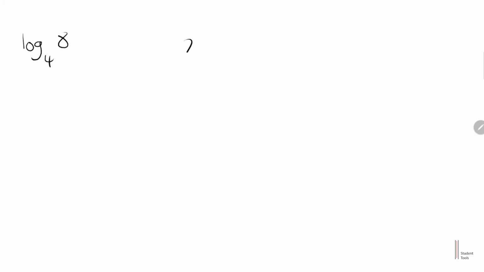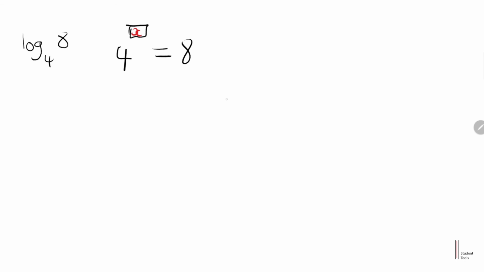Also here, 8 is equal to the base 4 raised to the power something. And we want the power that 4 is raised at. So again, we will let this exponent be an x, and try to identify that exponent using the x.